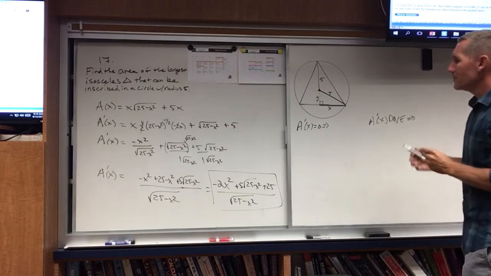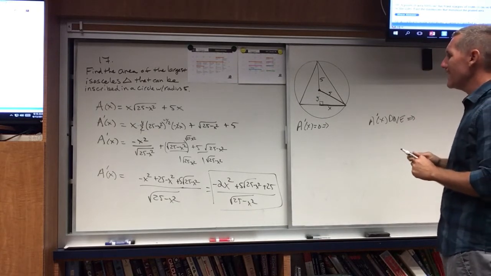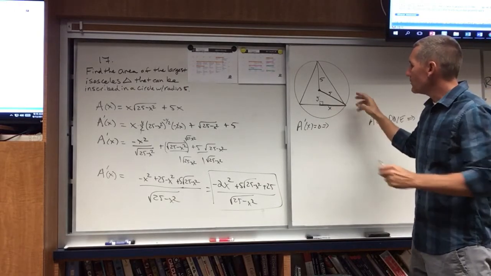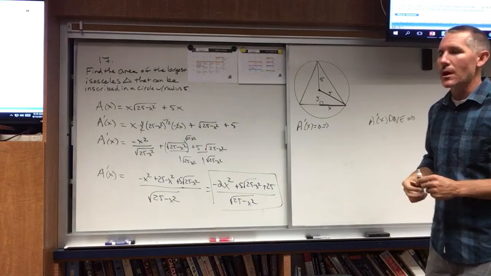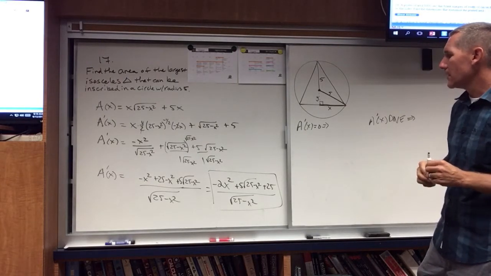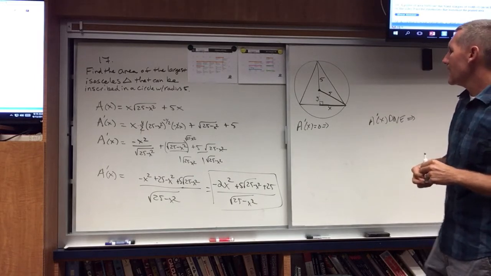So, x is really constrained between 0 and 5. X being 0, I wouldn't even have a triangle. X being greater than 5, the triangle would not be inscribed in the circle. So x definitely has to be between 0 and 5.